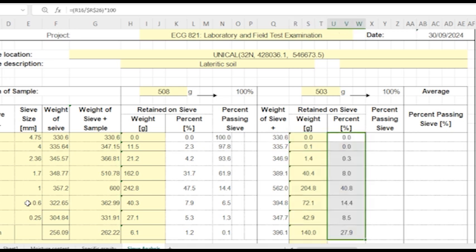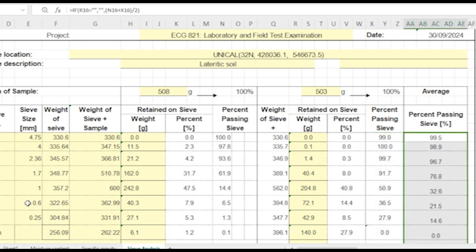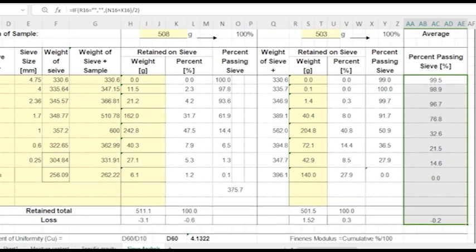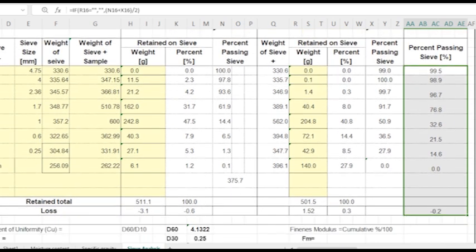The percentage calculated on sieve, then you have percentage passing. At that point, you have succeeded in calculating the retained total and the loss from your calculation.